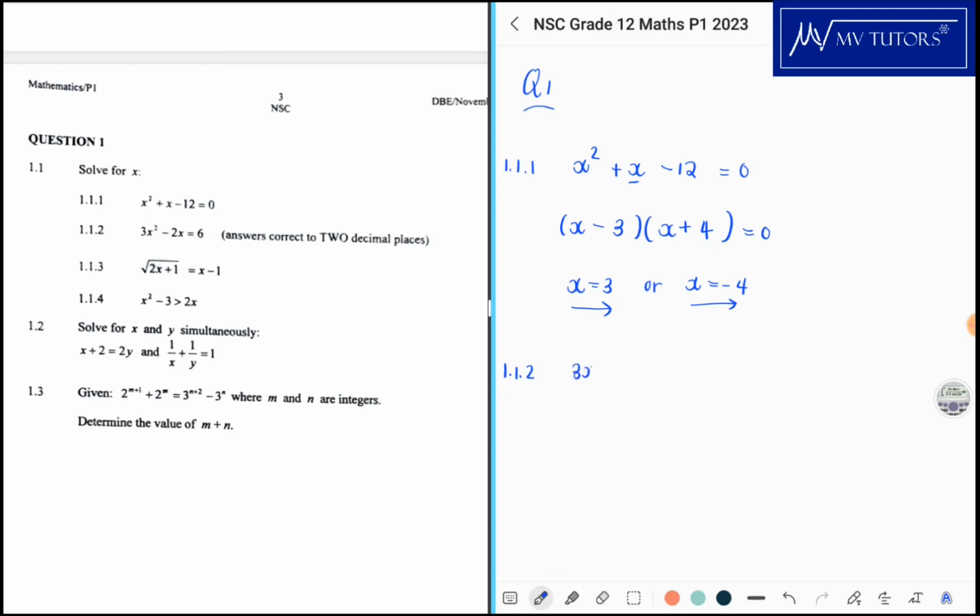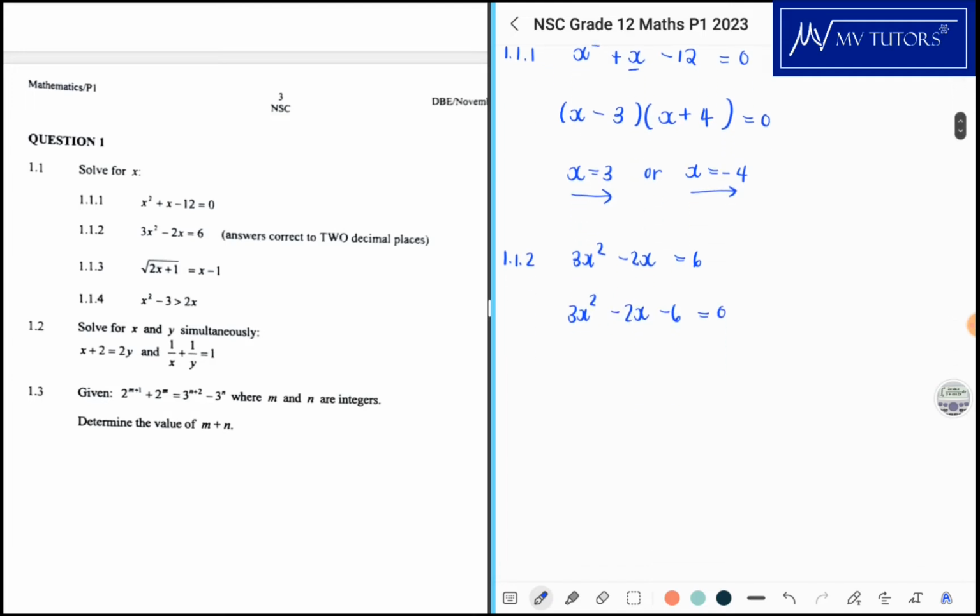Okay, now we have 3x squared minus 2x is equal to 6. And if they say answers correct to two decimal places, you know that you're going to use your quadratic formula, because factorizing it like I did previously will not work in this case. So let's bring 6 to the other side, and let's also get our calculators ready.